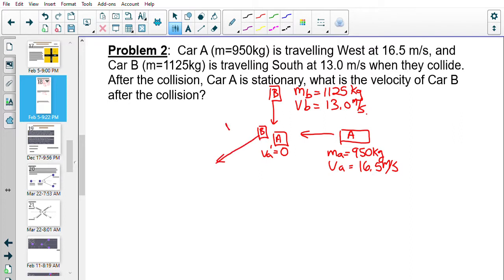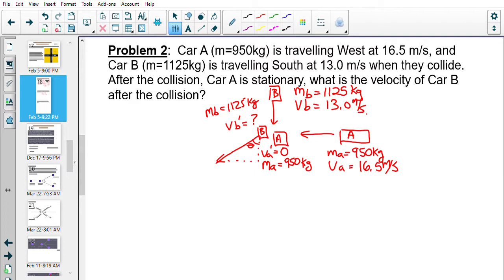So VB prime is unknown, as is the angle of its travel, also unknown. We assume that they didn't lose any parts in the collision, so 950 kilograms after, and 1125 kilograms afterwards. And now we're ready to try and solve the question.